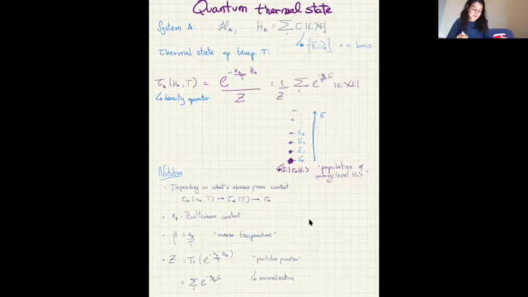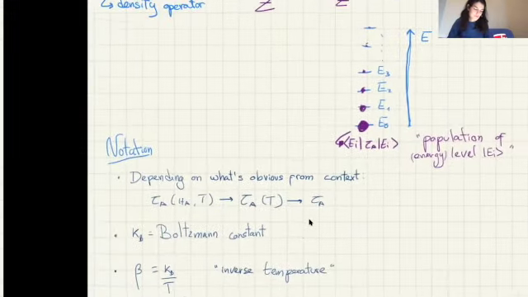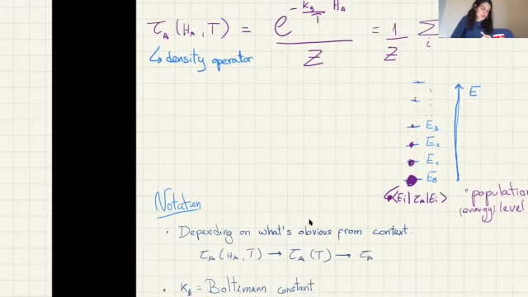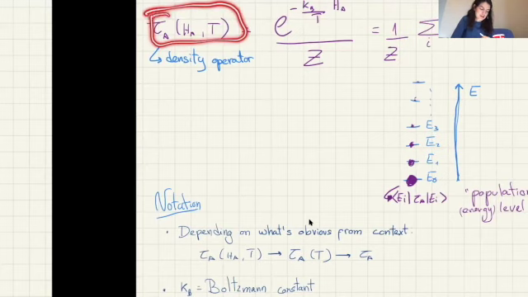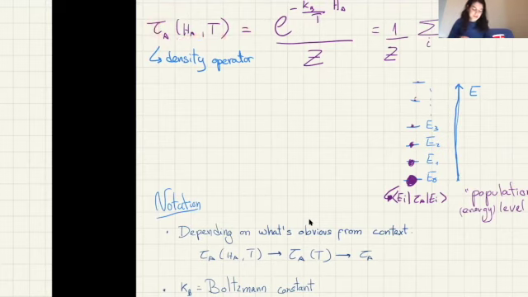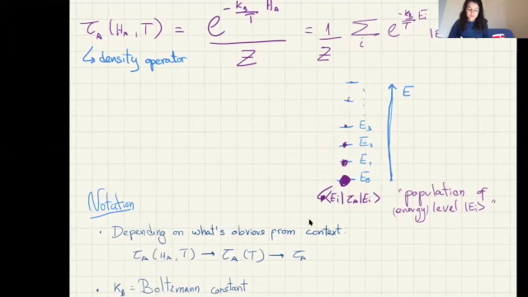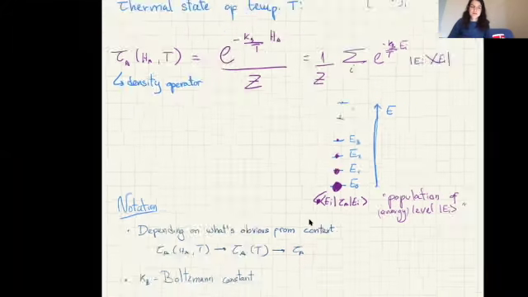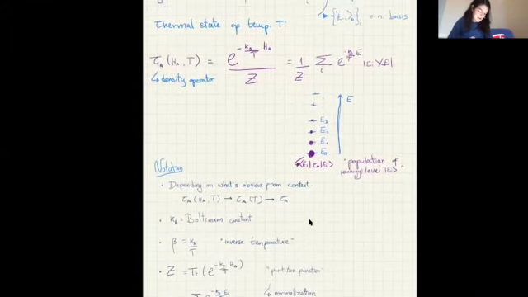So let's just look at some notation. First of all, we may not always want to write this whole thing, that the state, that's a density matrix. I call it tau, like tau for thermal, and it depends on the Hamiltonian and on the temperature. Sometimes the Hamiltonian is obvious, so we just write tau_A of the temperature, and sometimes even the temperature will be obvious, so we just write tau_A. This k_B that appears here is a constant called the Boltzmann constant.